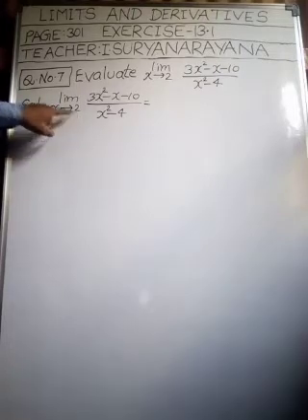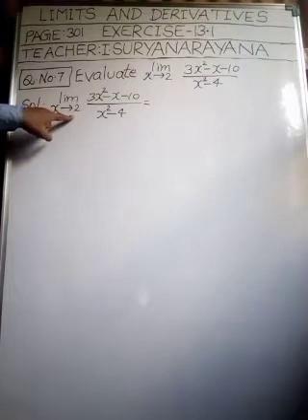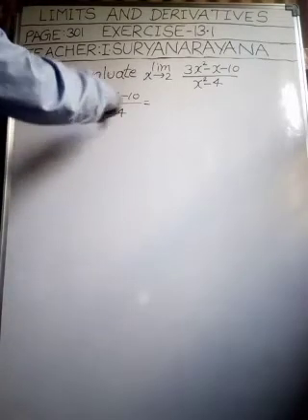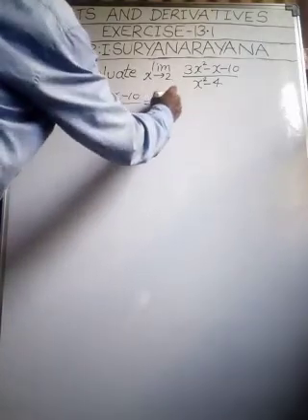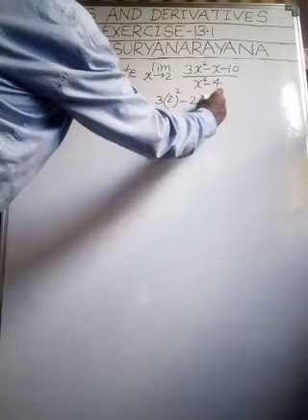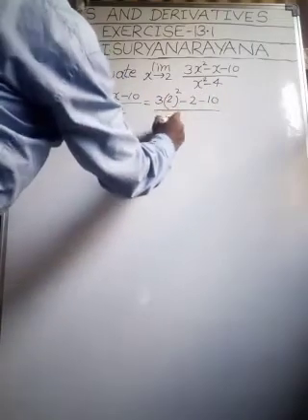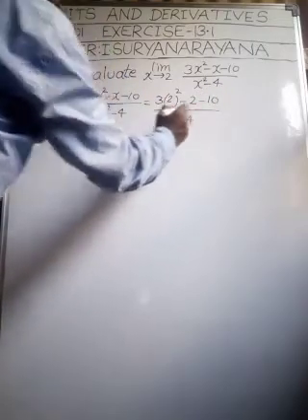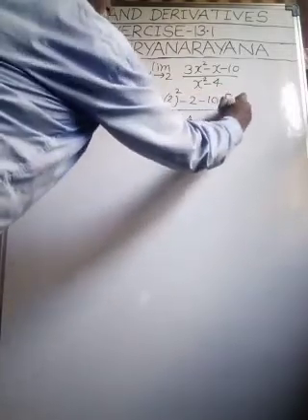Not our wish, because here this number is approaching 2. So we have to substitute x is equal to 2 in the given function. So 3 into 2 square minus 2 minus 10 whole divided by 2 square minus 4 by substitution method.